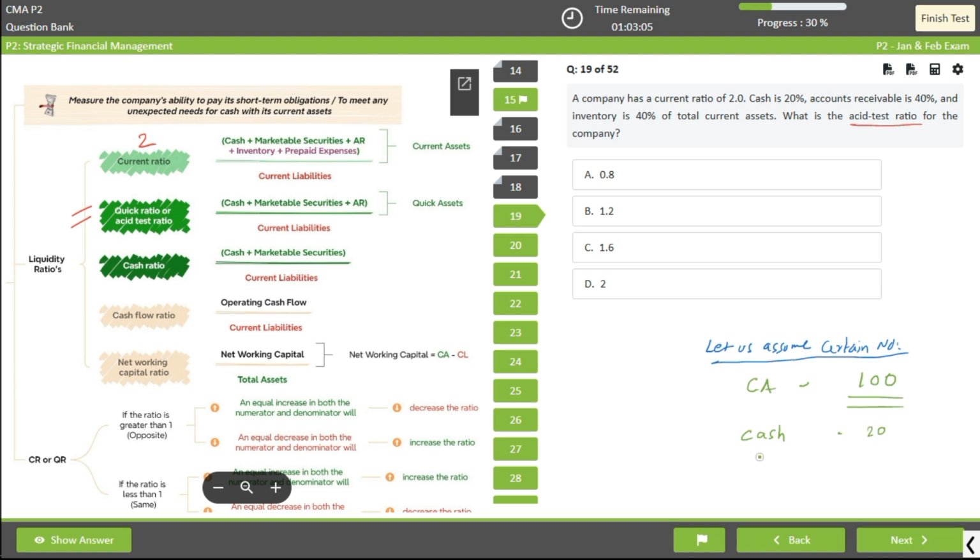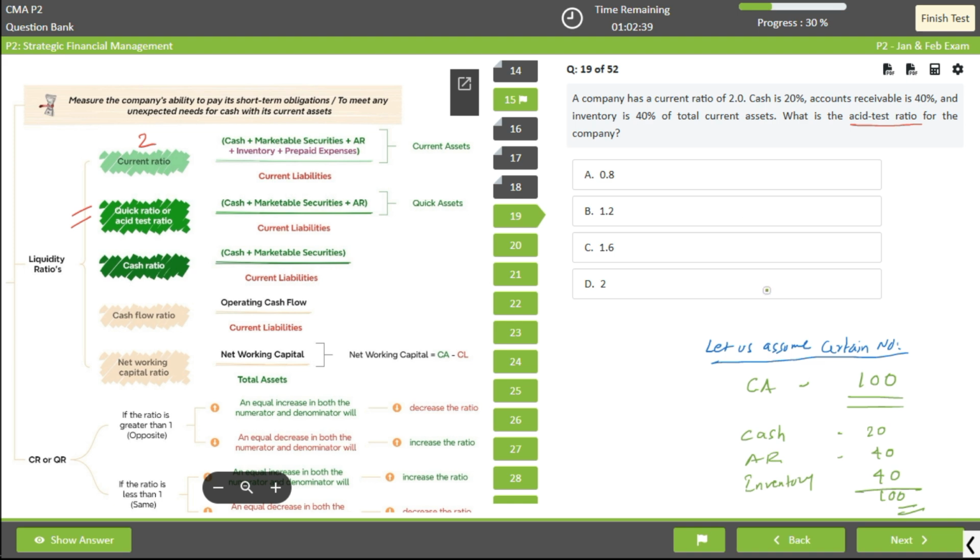Now we have accounts receivable, which is 40, and your inventory is 40. So the total is 100, and current assets are 100.